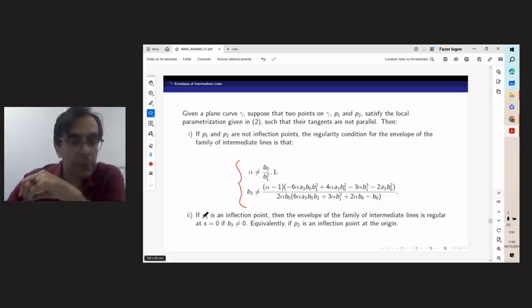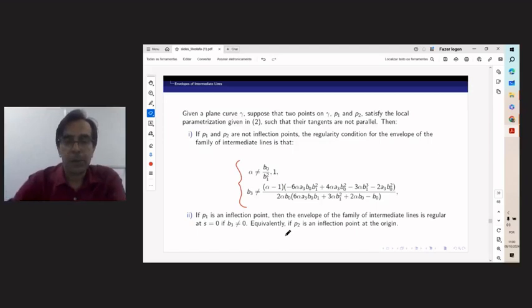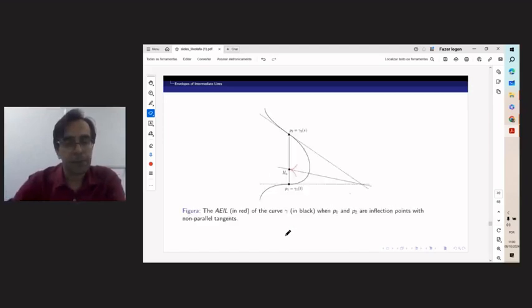Or, for example, if P1 is an inflection point, then the envelope of the family of intermediate lines is regular if B3 is different from 0. Equivalently, if P2 is an inflection point at the origin.